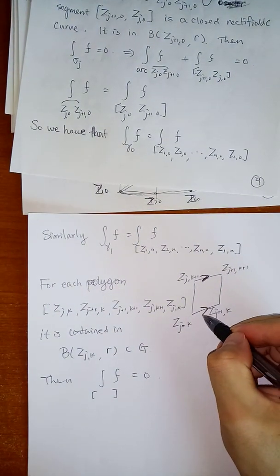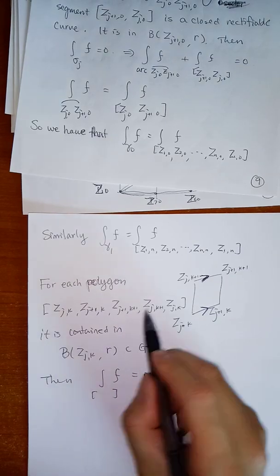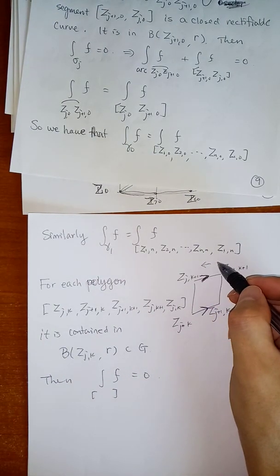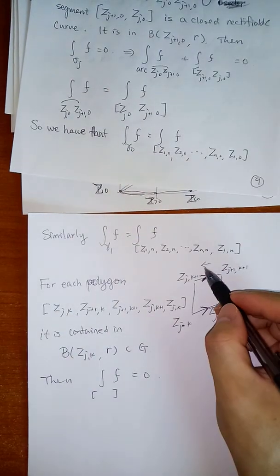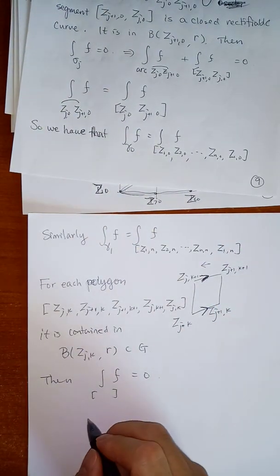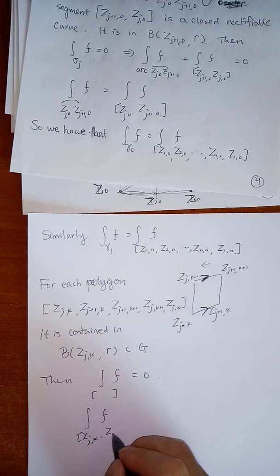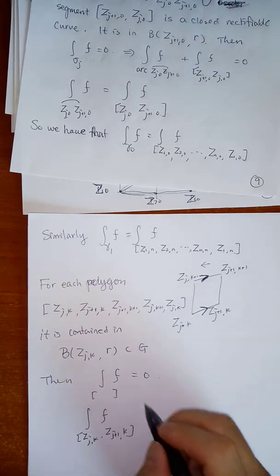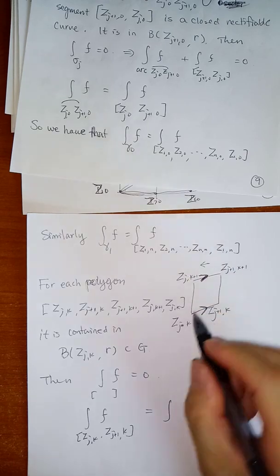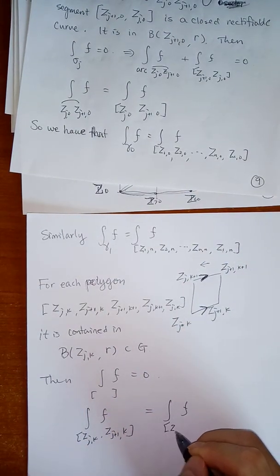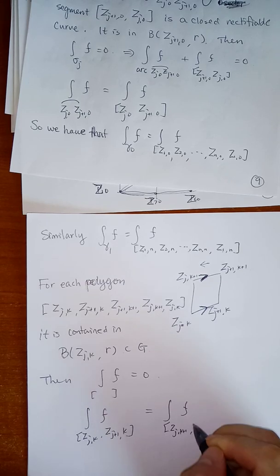So assume here is the orientation, and be careful about this part. We actually use the reverse orientation. So if we move this term to the other side, we will get the integral of f along zjk to zj plus 1k is equal to, you go backward, but when you move to the other side, you change the orientation, so it's zjk plus 1 to zj plus 1k plus 1.